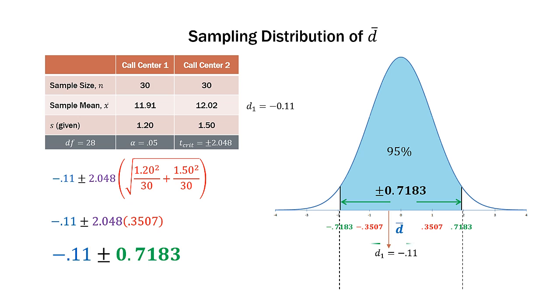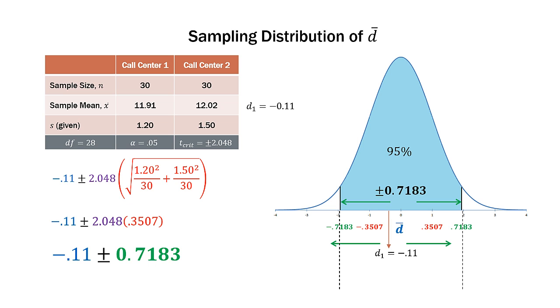Now, if we measure this in actually standard errors, remember the standard error, which in this case, if you look over here on the left again, 0.3507 there in the red, that is our standard error. That's another way of saying that each standard deviation in our distribution of differences is 0.3507 minutes.